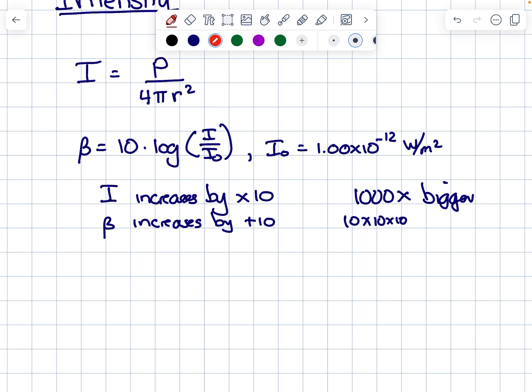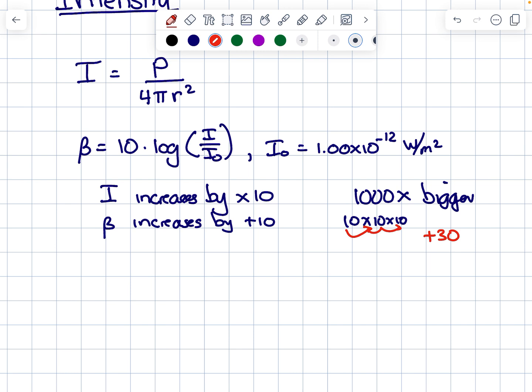And so the decibel level goes up 10 from there to there, and then it goes up 10 and then 10. So the decibel level would increase by 30. Okay? So every time it gets 10 times louder, you add 10 to the decibel level. And the same thing is when you decrease.